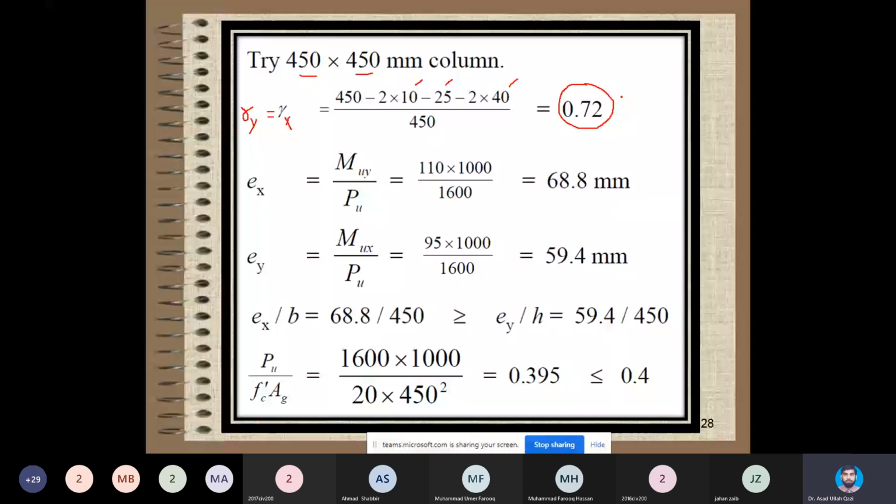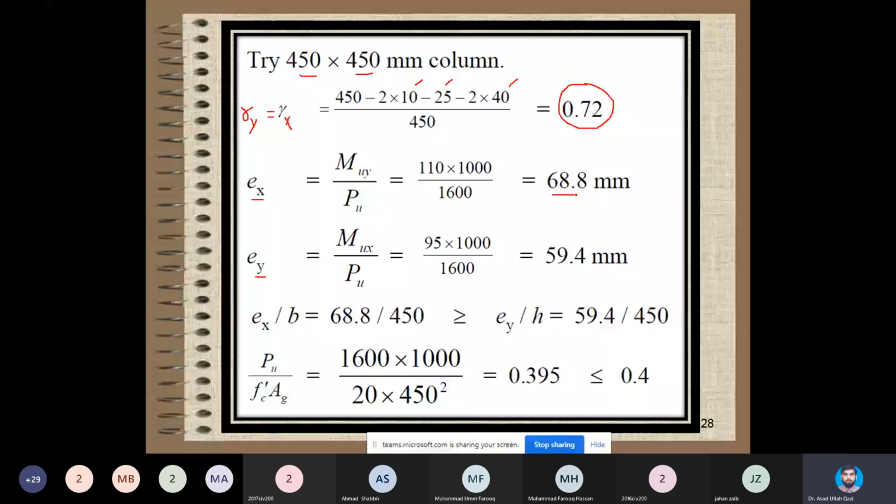Then since I have in mind equivalent uniaxial eccentricity, I need to convert the demand into eccentricity. So MUy over PU will give me EX, and MUX over PU will give me EY. So actual eccentricity along the x-axis is 68.8 and along the y-axis 59.4.